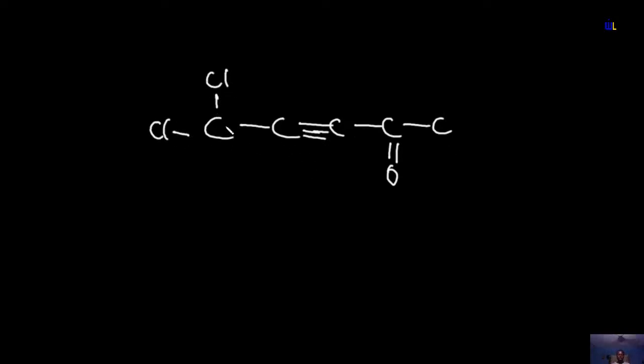Try naming this compound. This is going to be H, and H3. So what do you think? Try naming this compound. Remember, this is not carbon, this is chlorine. So try naming this compound quickly.